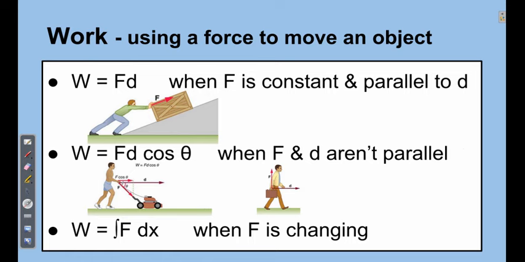The cosine of theta is 0, so the amount of work he does against gravity would be 0. That's a little peculiar because he is exerting a force and it is moving, but his force is only holding it up in the air. It's not causing it to move forward. We can say more about that later.